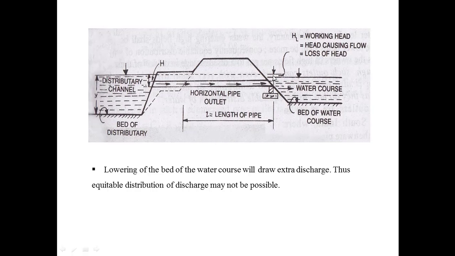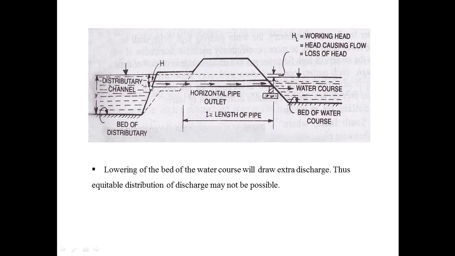For this we have to give a working head which causes flow. As you can see in the figure, this is the total working head which is provided in order to move the water from the distributary channel to the water course.